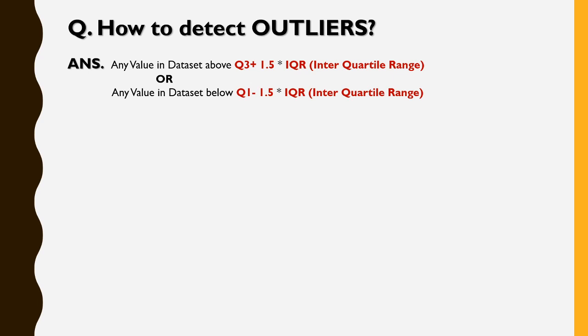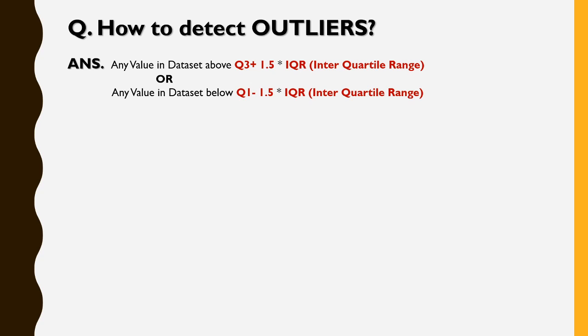The first says that an outlier would be greater than the third quartile plus 1.5 times the IQR value, and an outlier can also lie below quartile 1 minus 1.5 times the IQR. The IQR is the interquartile range.